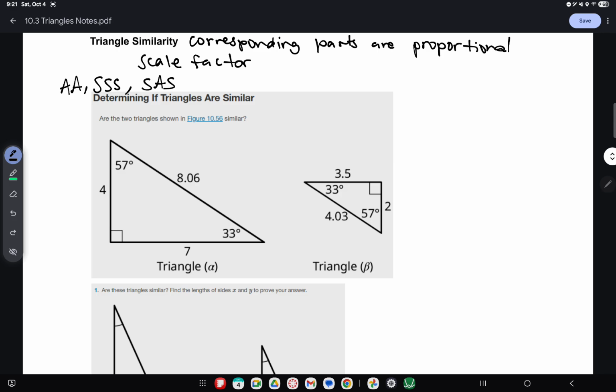So what we want to do is match up the corresponding pieces and see if the proportions are all the same. So how do we figure out what matches up since everything's not the same? This is what I do. There's 3 sides in a triangle.